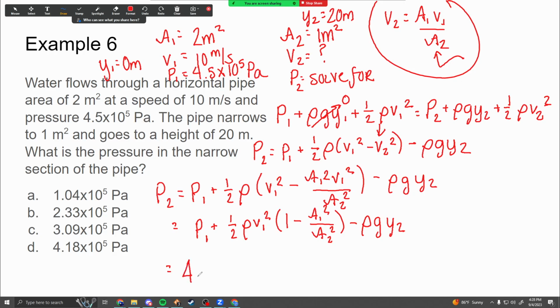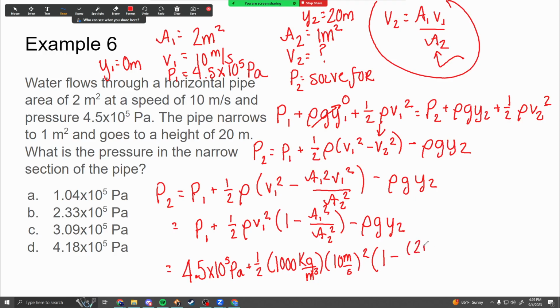So 4.5 times 10 to the 5 pascals plus 1/2 times 1,000 kilograms per meter cubed times 10 meters per second squared times 1 minus my ratio of areas squared.